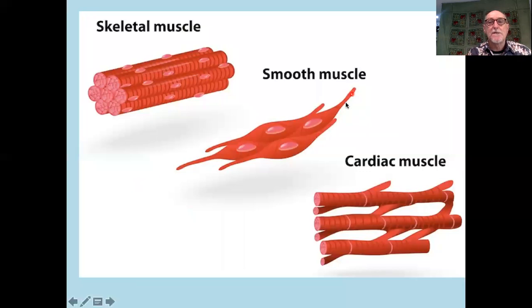This is smooth muscle. This is muscle which is associated with all of the involuntary movements of organs. For example, probably the best example would be the muscles of your gut. The gut has smooth muscle running all the way through it, very carefully coordinated, and is coordinated by the part of the nervous system called the autonomic nervous system.